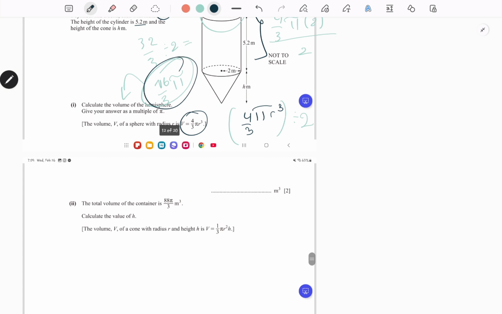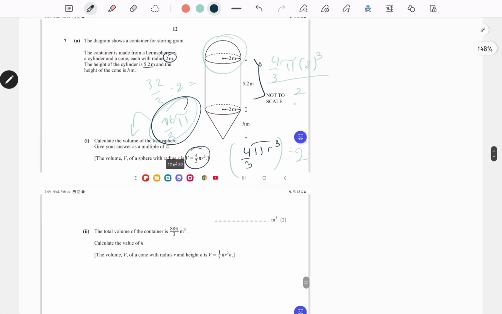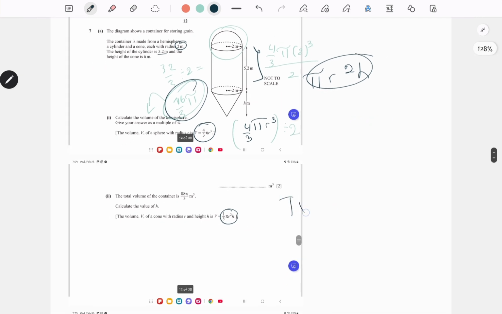Now, the volume of a cylinder is pi r squared h. This is very important. And the volume of a cone is 1/3 pi r squared h. They told us that the total volume is equal to the volume of the hemisphere plus the volume of the cylinder plus the volume of the cone.